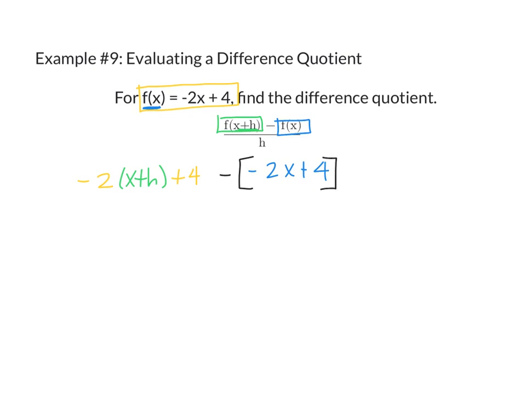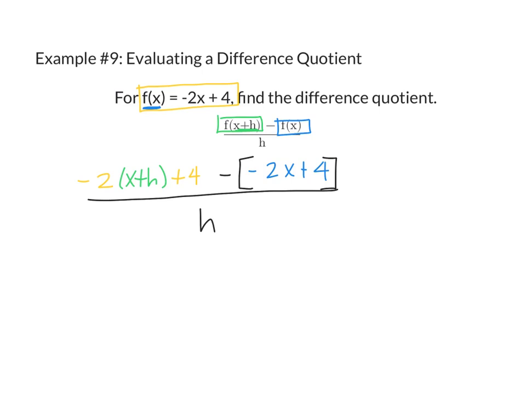And in this case, it's all being divided by h. So again, just the x part got replaced with x plus h. The second function just asked you to rewrite the function as is.